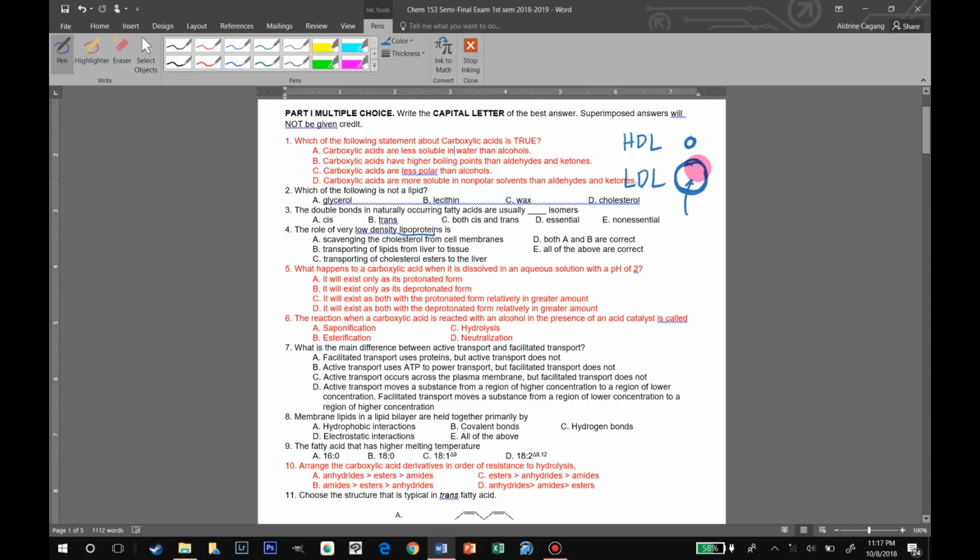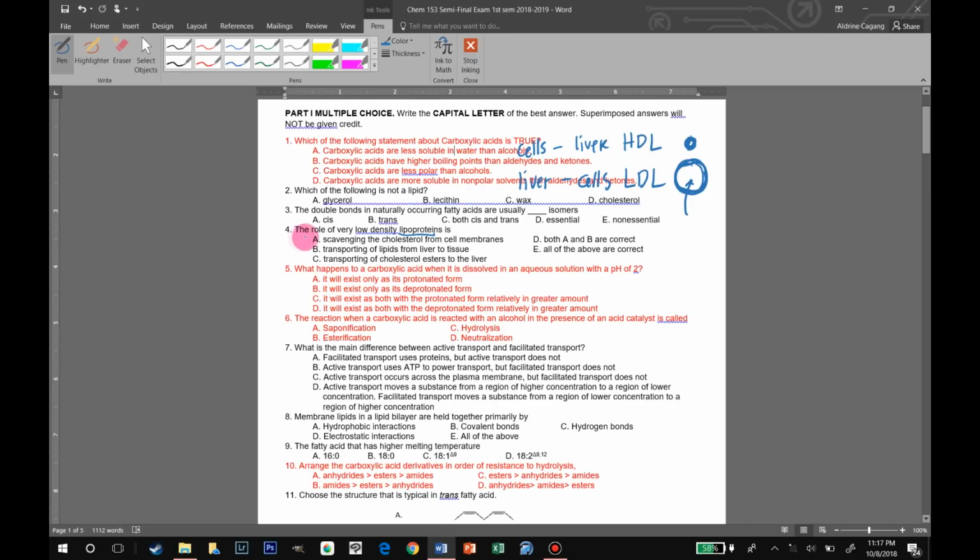LDL carries more lipids in its structure because it delivers lipids from your liver to your cells. And the HDL, the smaller lipoprotein, is small because it doesn't have as much lipids in its structure. These are the lipoproteins that scavenge or collect extra lipids from your cells back to your liver.